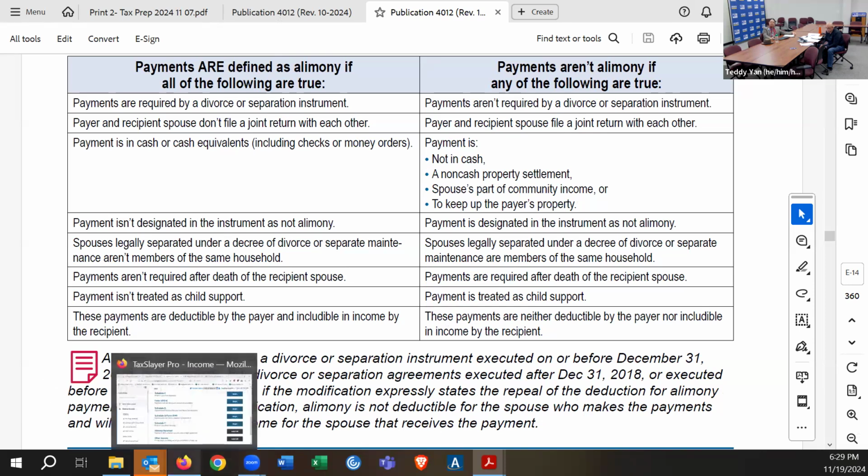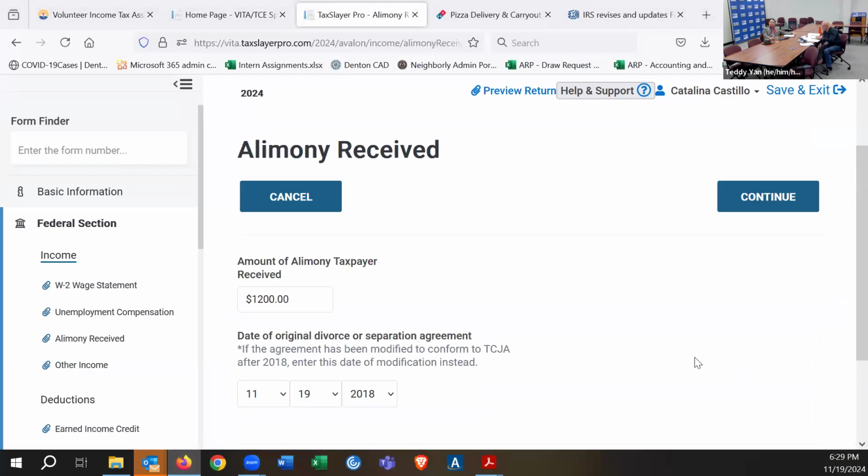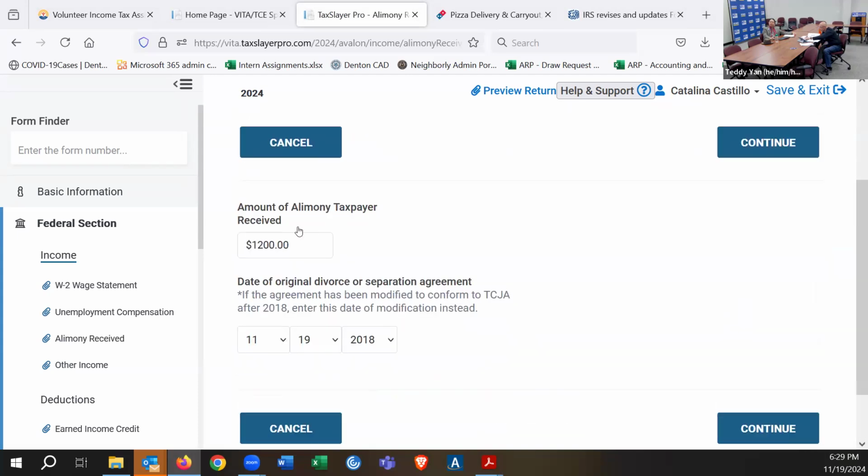So we do have to include alimony as part of Kat's income, and that's a pretty simple one. We enter the total amount of annual income that she got. So $100 a month, 12 months, $1,200.